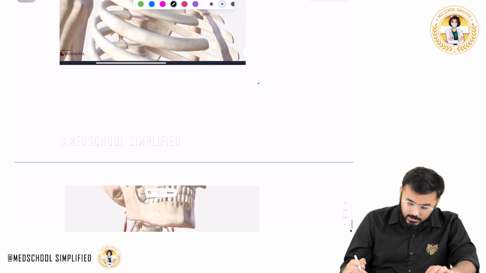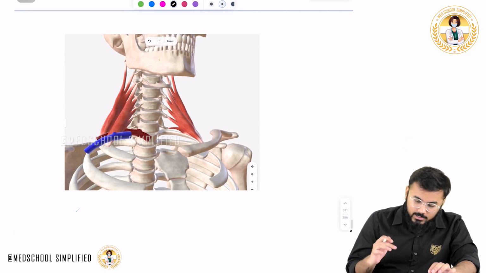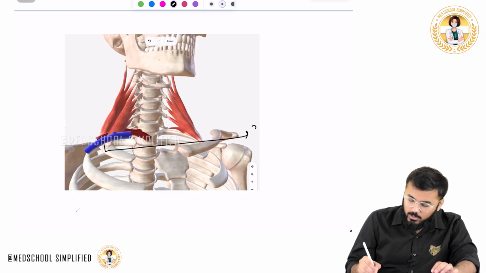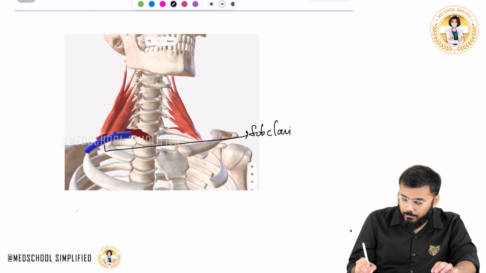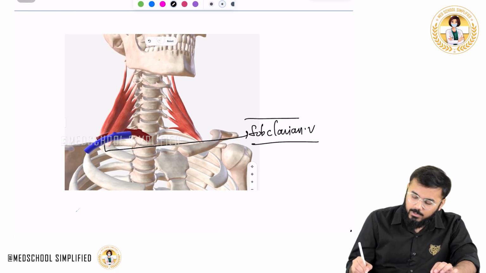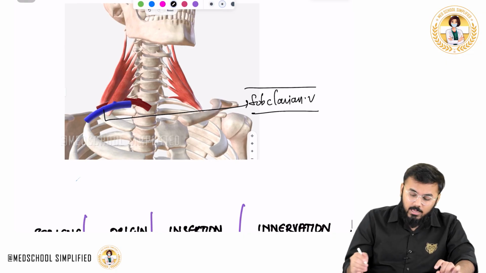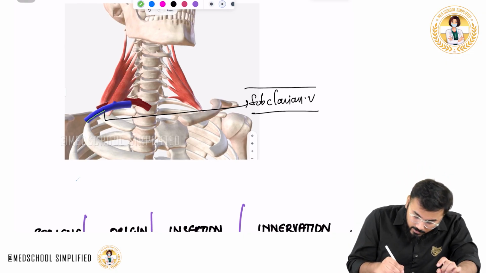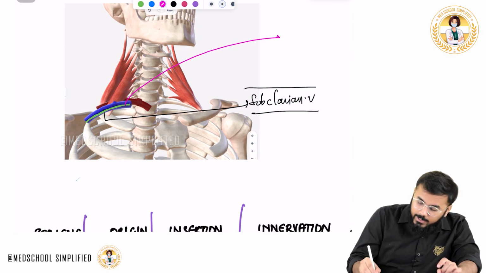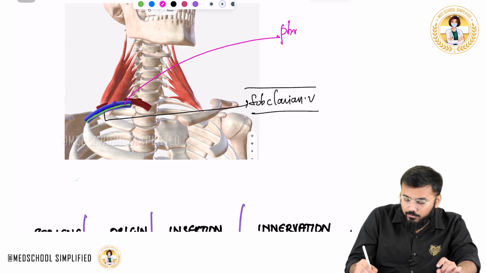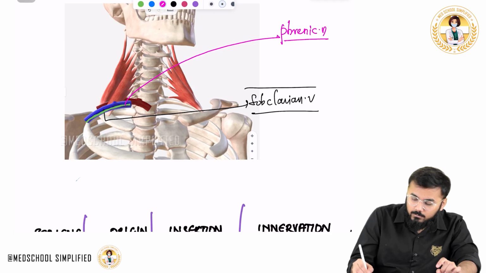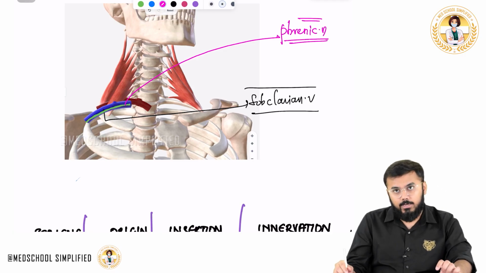Now just in front of that you have got this vein. What is this vein? This vein is called your subclavian vein. Okay, now remember one thing. Along with the subclavian vein you see a green color line which I am drawing. This green color line will indicate a nerve called phrenic nerve.